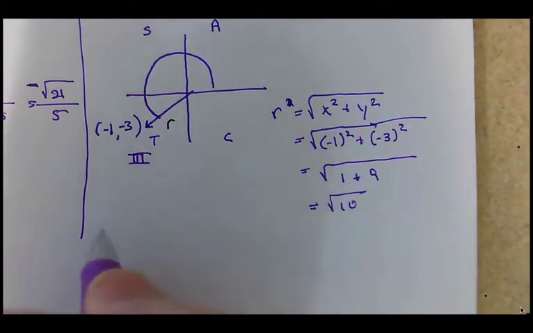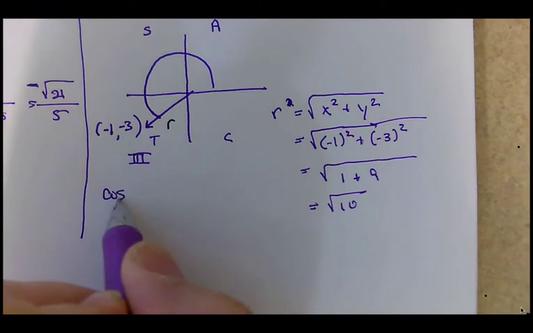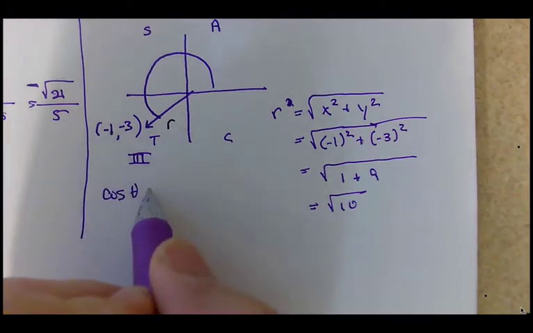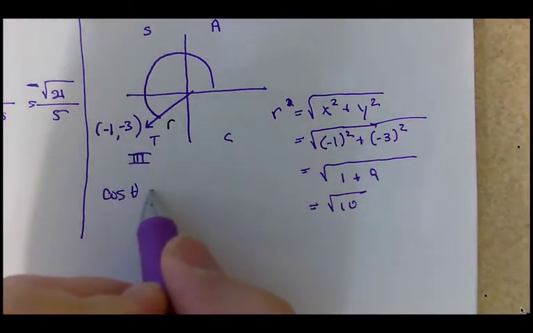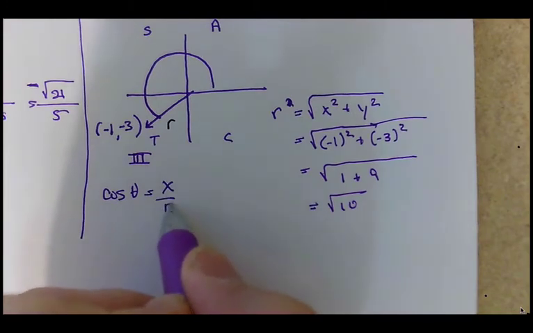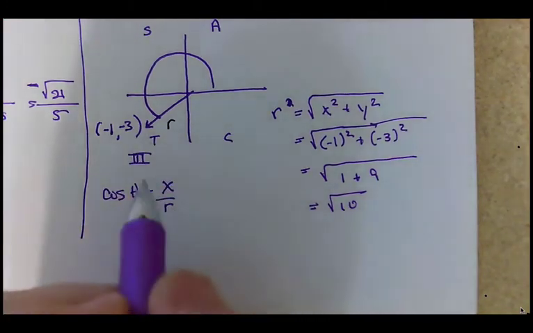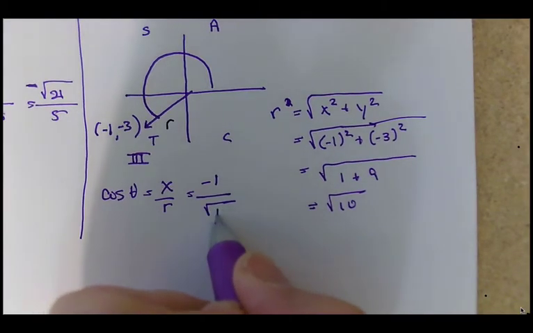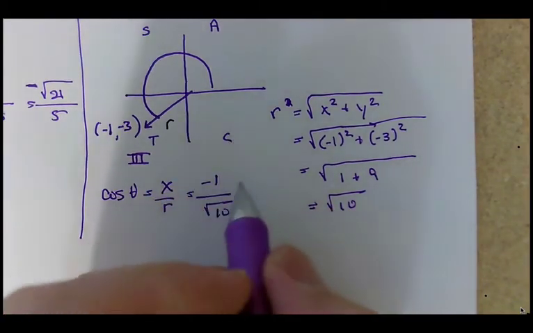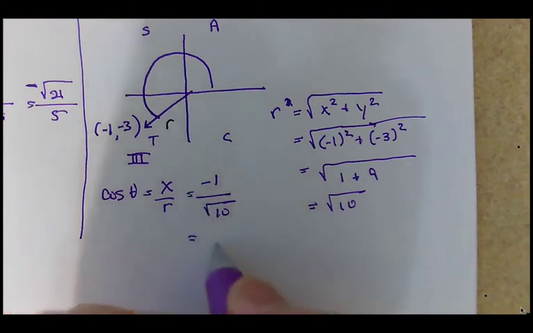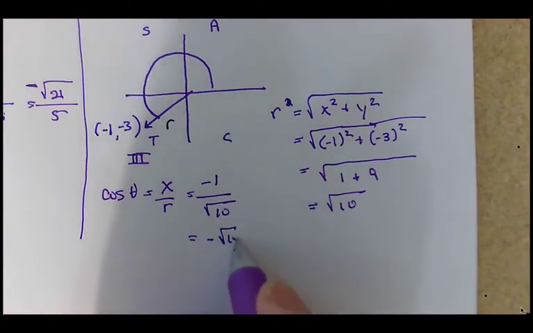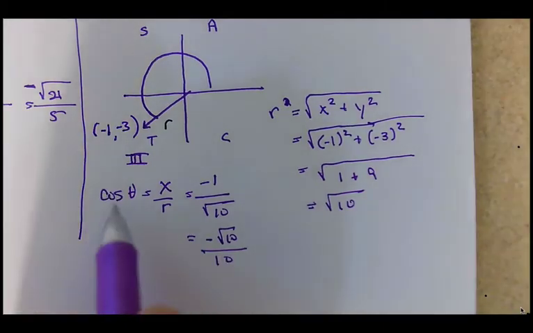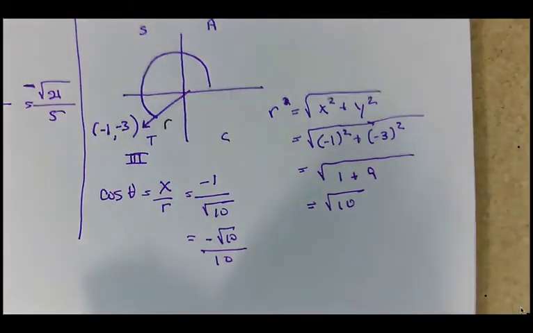We can use the formulas now that the cosine of theta is equal to x over r. In this case, it's -1 over the square root of 10, or negative square root of 10 over 10. Next, I have my sine.